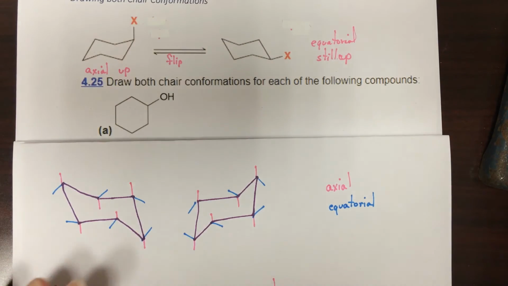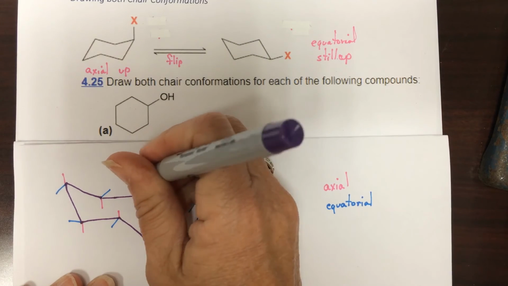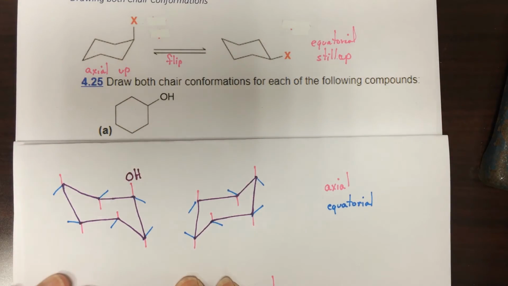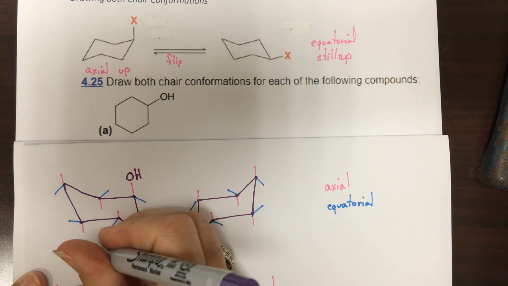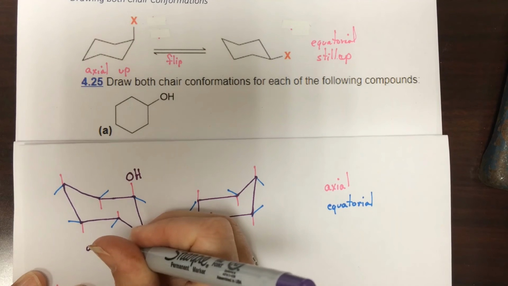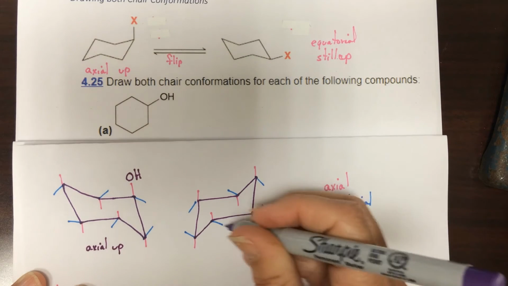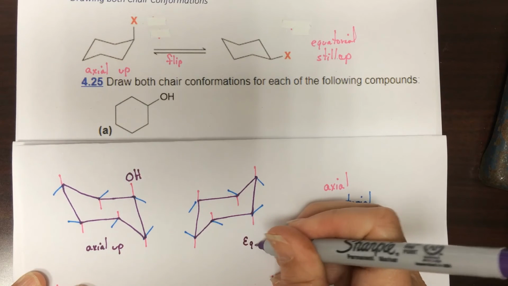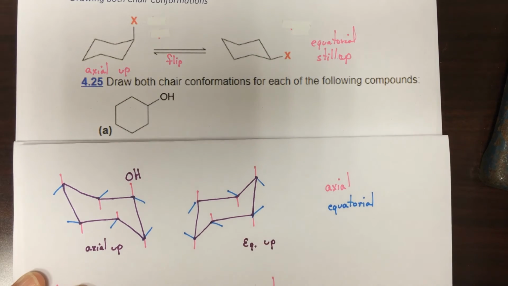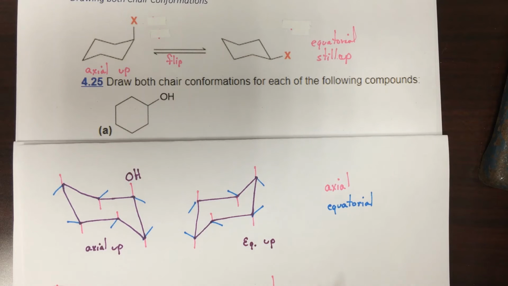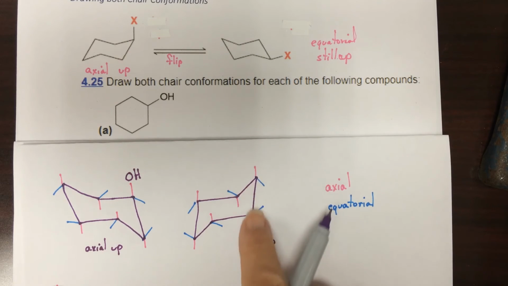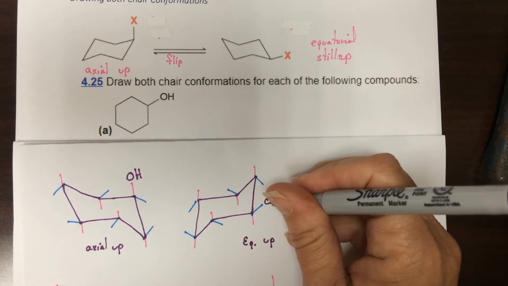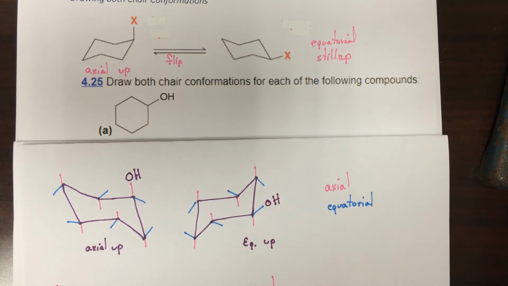I'm going to put it right here. In this position, it is axial and up. So over here, we need it to be equatorial and up. So we need to find a position that's equatorial and up, and any will do. I'm going to move it one down and put it right here, because that's equatorial and up.